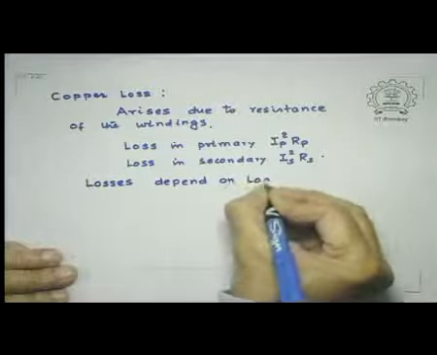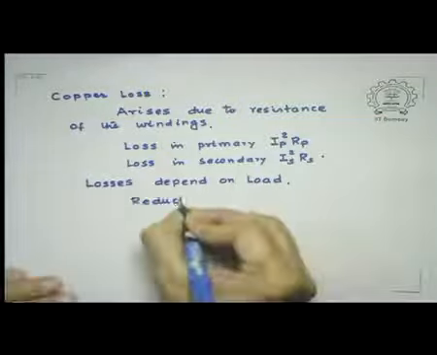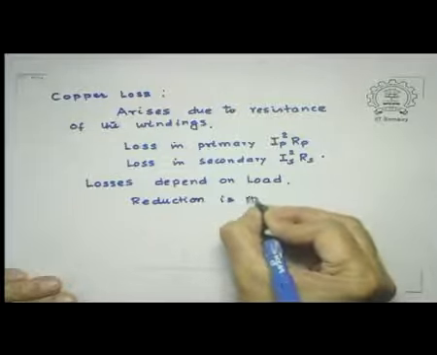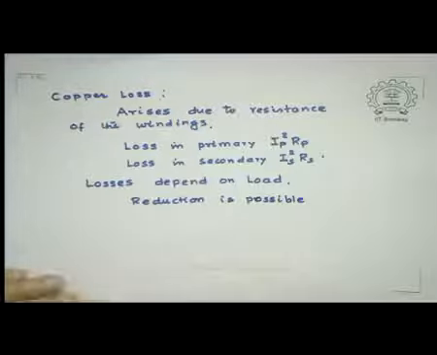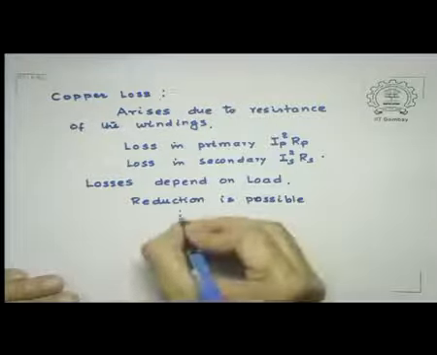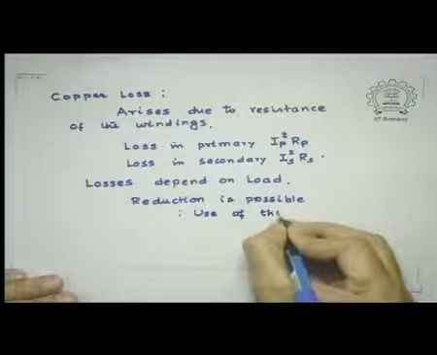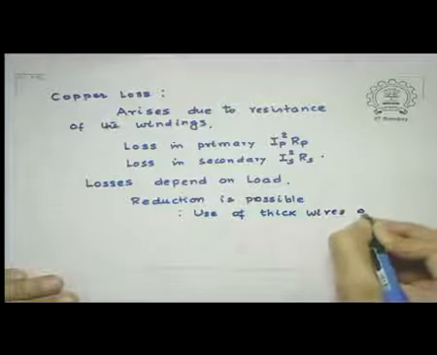Now obviously we cannot completely eliminate the copper losses, but we can reduce copper losses. And the first one is fairly simple. You use very thick wires, so use of thick wires as winding wires.